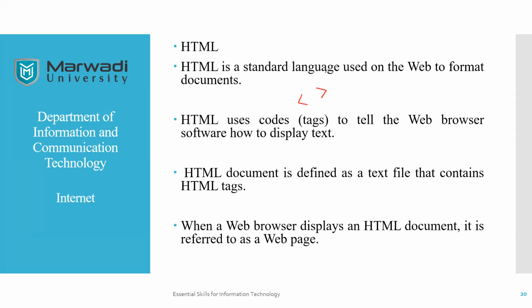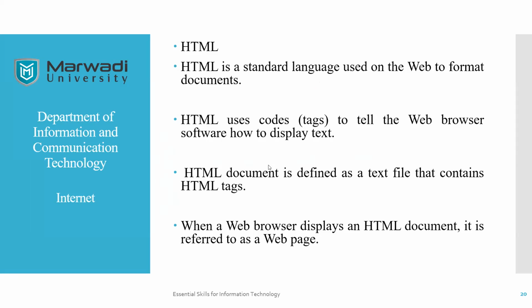HTML uses these codes, also known as tags, to tell the web browser software how to display the text. So whatever you see in your browser, most probably uses tags.